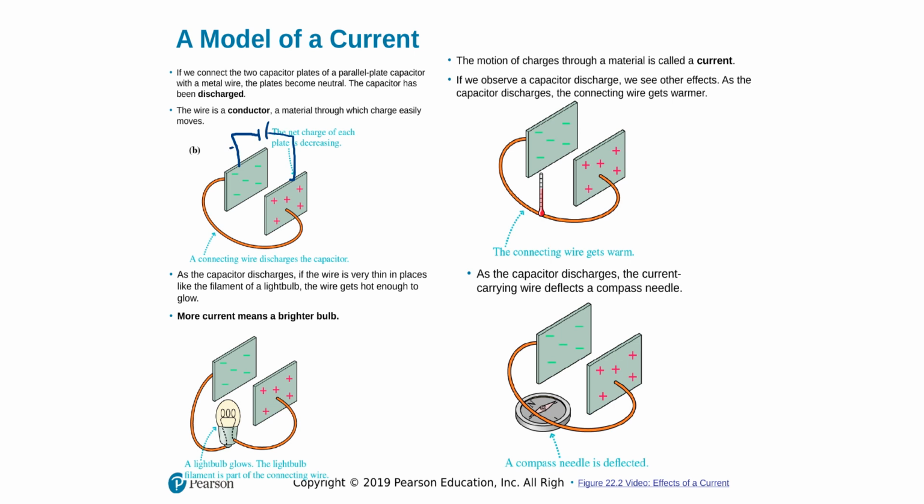And if after a while I disconnect my capacitor from the power source and connect them by a wire, there will be a current going from one plate to the other. There will be actually electrons moving back here, combining with the protons, and the capacitor will be overall discharged.